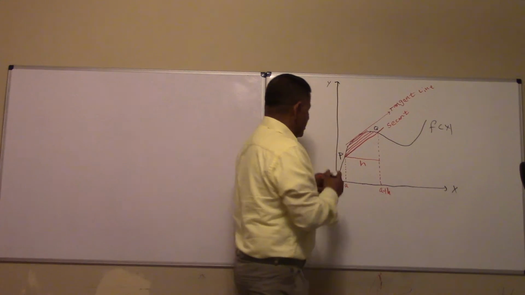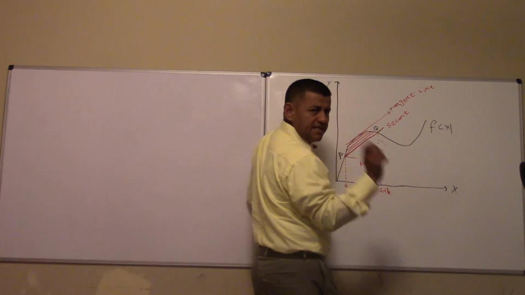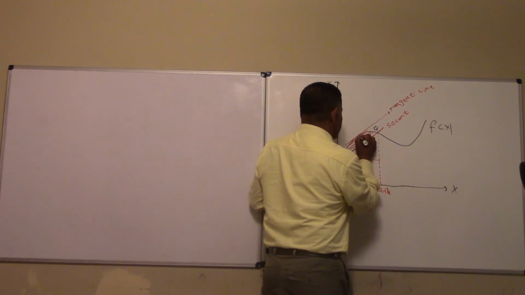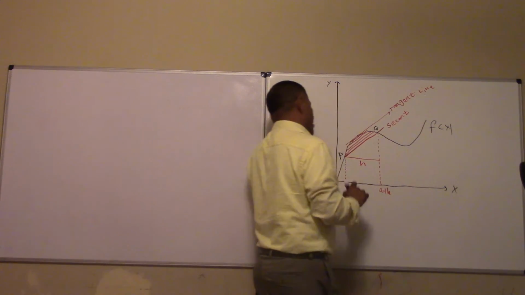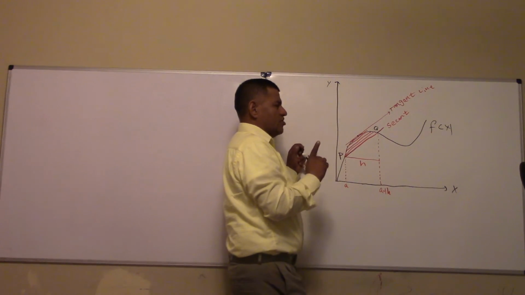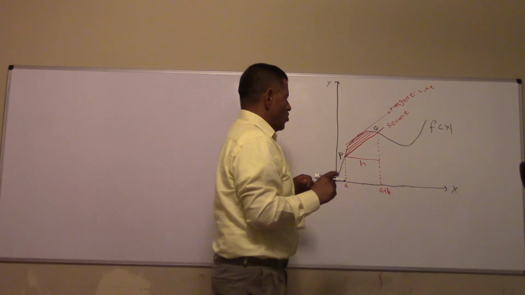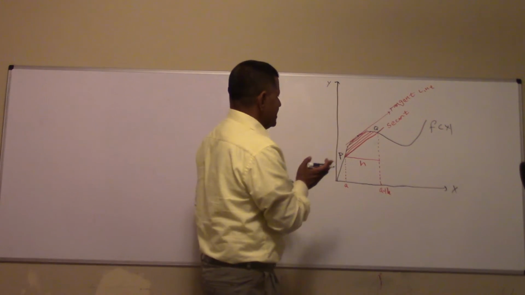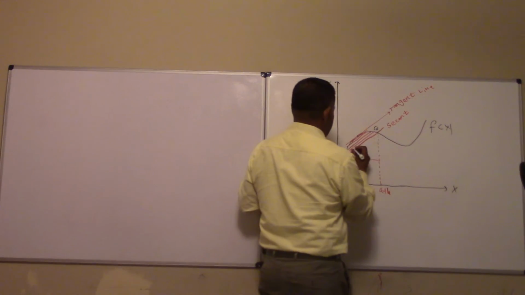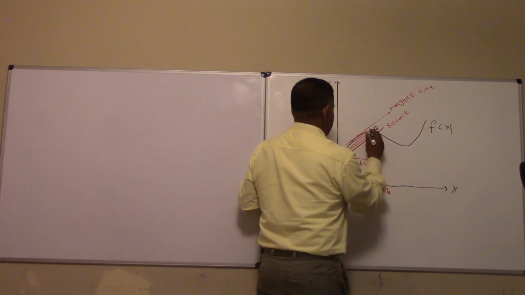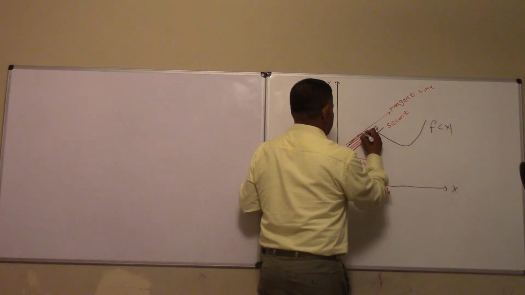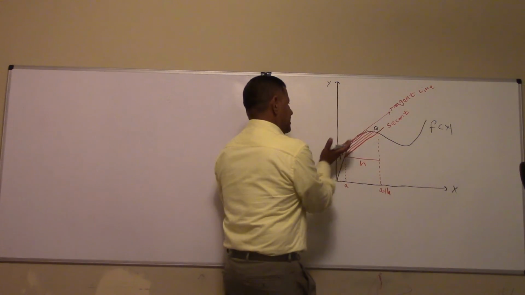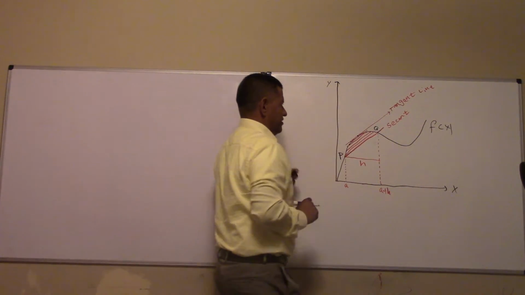The tangent line only touches the curve at one point. A secant line usually touches in 2 points, you can see here, and the tangent line only touches at 1 point.